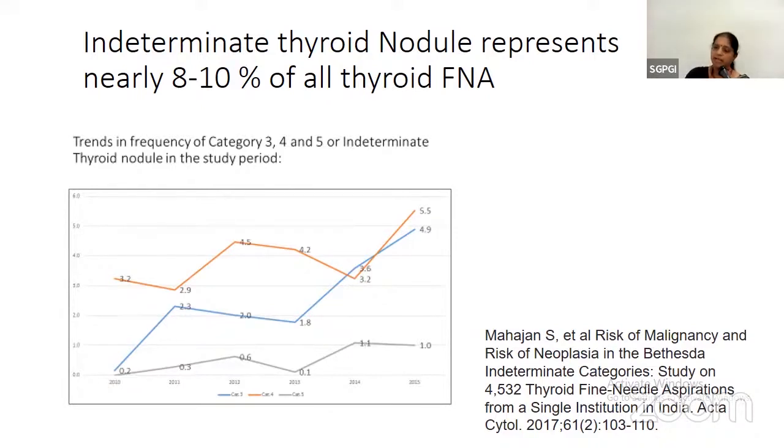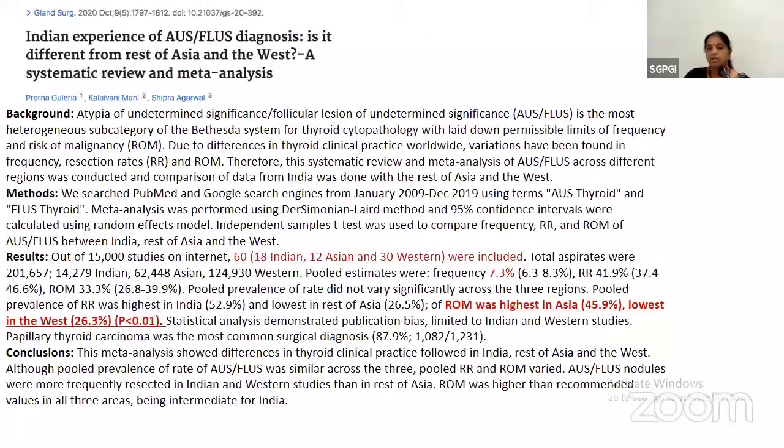And if you look at the atypical, that is only CAT 3, this is in blue, it was hovering around 5% of all aspirates in the year 2015. Maybe it has slightly increased now because of the increased usage of ultrasound, and we're getting more and more ultrasound-guided FNAs from smaller and smaller thyroid nodules, and that can increase your AUS rates actually.